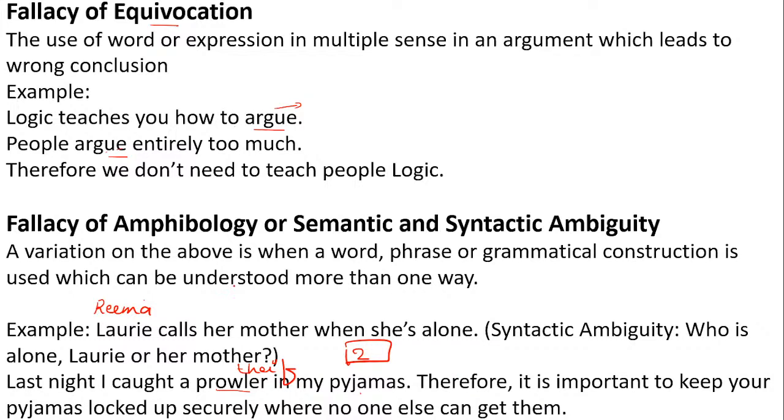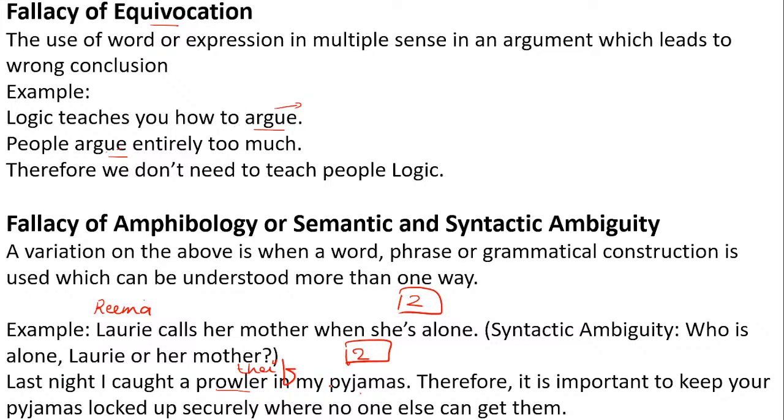Okay, first is Rima calls her mother when she's alone. So it could be Rima calls her mother when Rima is alone, or Rima calls her mother when her mother is alone. So there are two meanings of this statement. Also, last night I caught a thief in my pajamas.